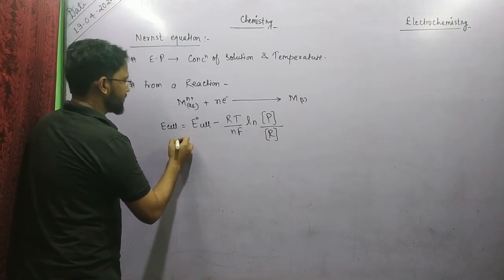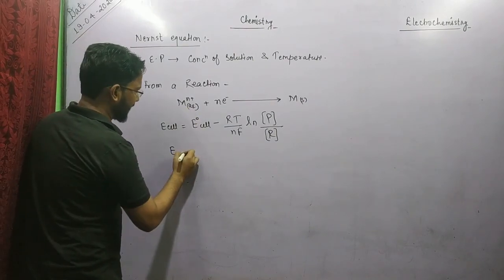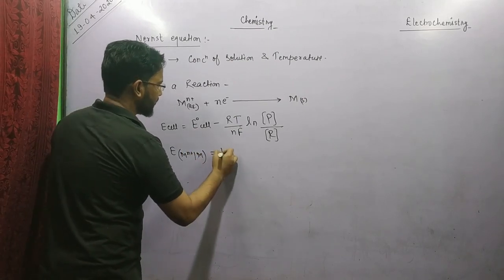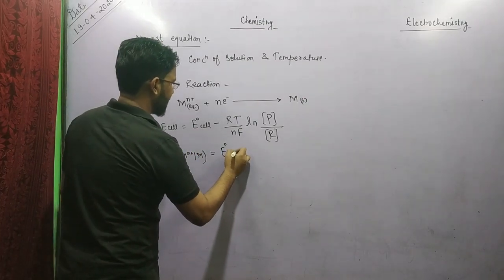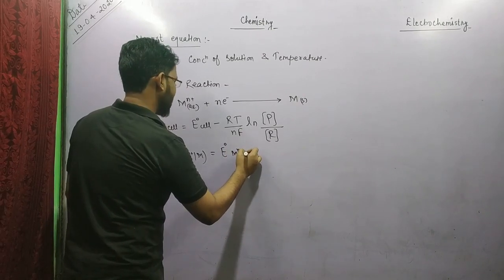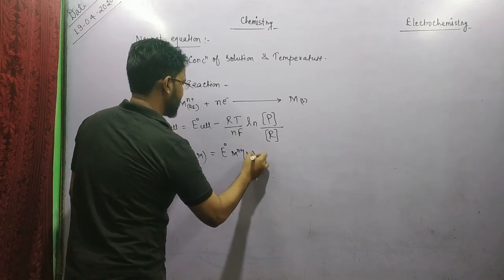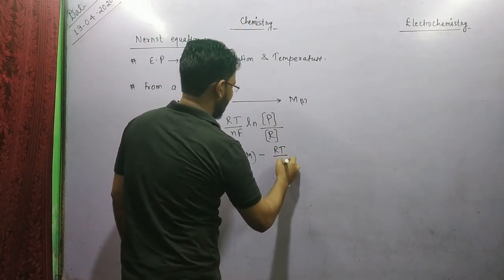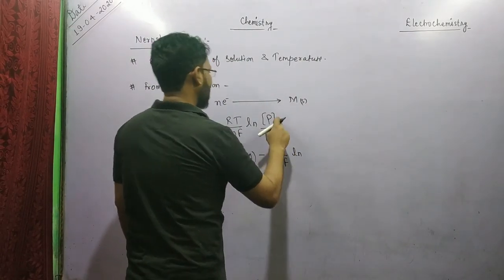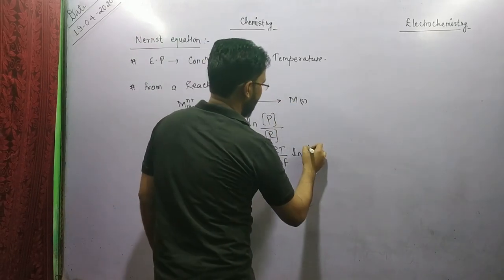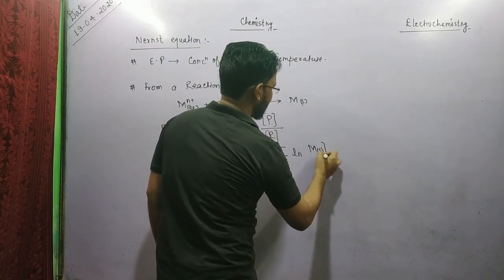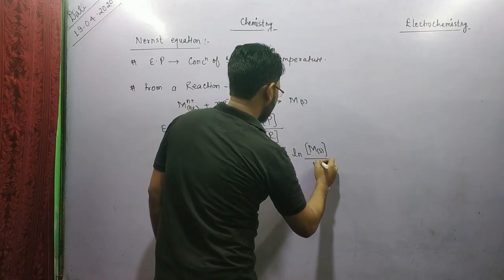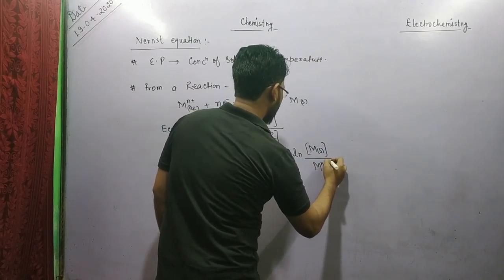So E_cell equals E of M^n+/M, the reduction potential of M^n+ to M, equals E° of M^n+/M minus RT over nF ln of the concentration of product, which is M in solid form, over the concentration of M^n+ in aqueous form.